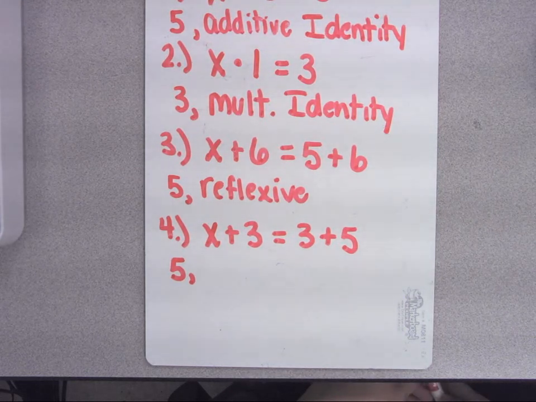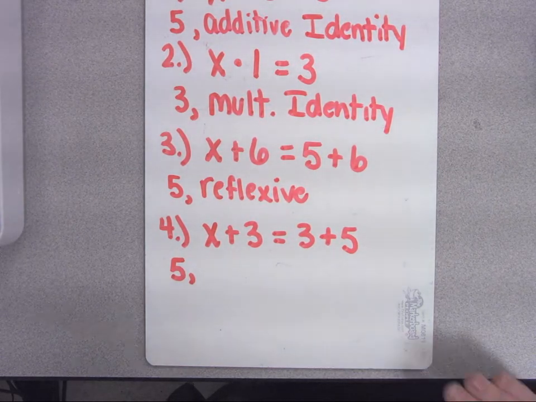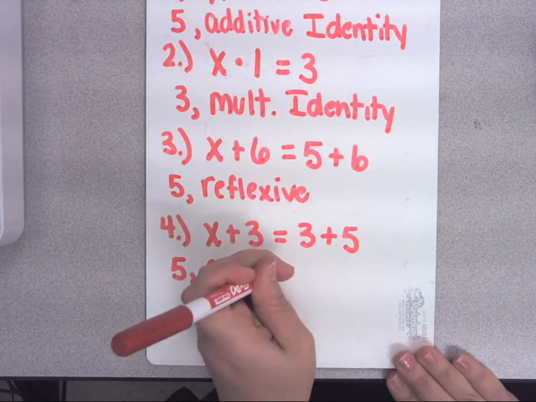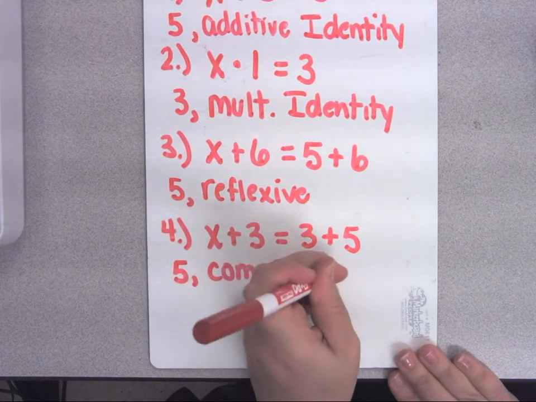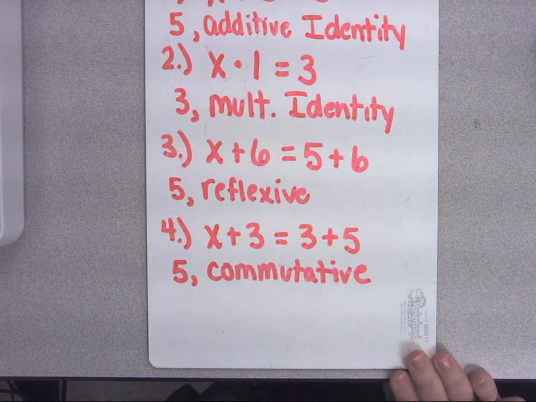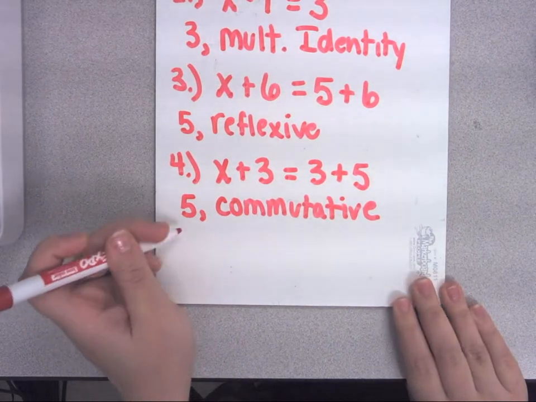This one's one of the last ones we learned. This one is commutative. Again, property is the correct word afterwards. Remember that one? These ones will be the hard ones. The add and multiplying ones are not actually the hard ones.